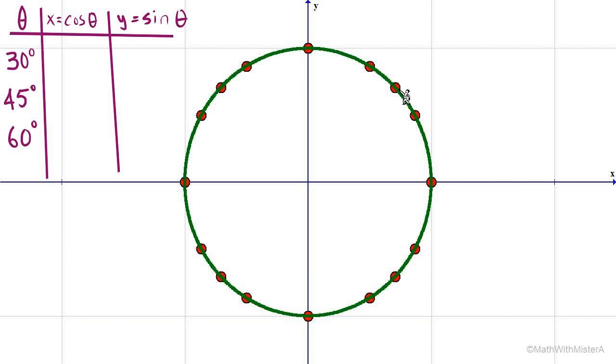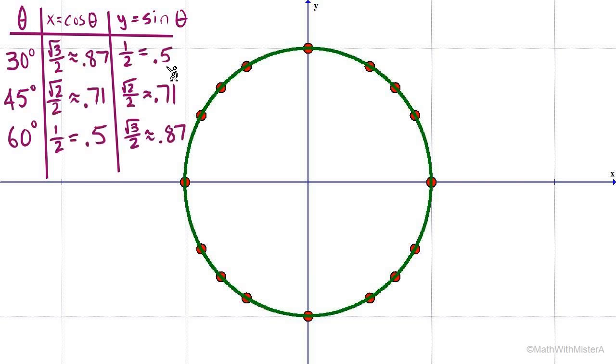At 30 degrees, 45 degrees, and 60 degrees, we had these values of cosine and sine. Now, tangent can be defined as sine over cosine. So I can just simply do my sine value over a cosine value and see what that result is to come up with tangent. But that's doing a lot of division with fractions, or even worse with these decimals.